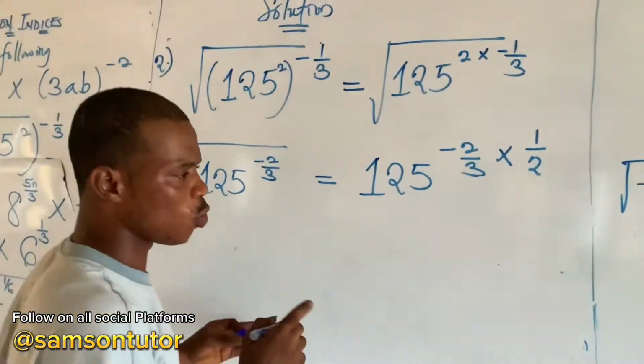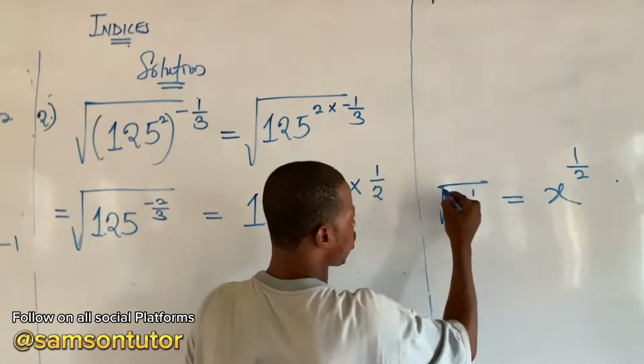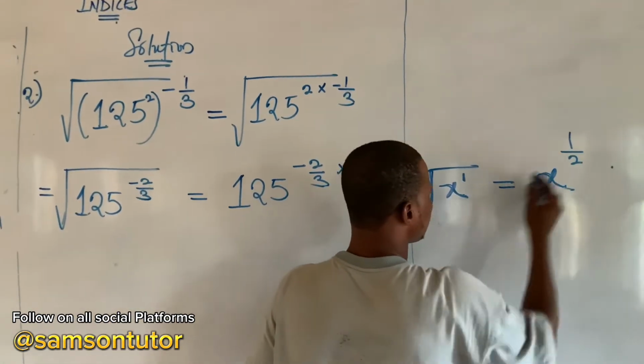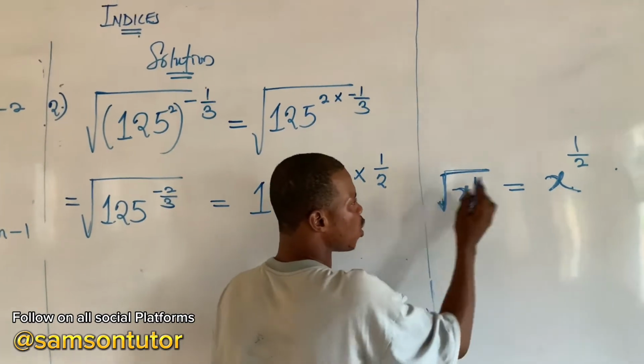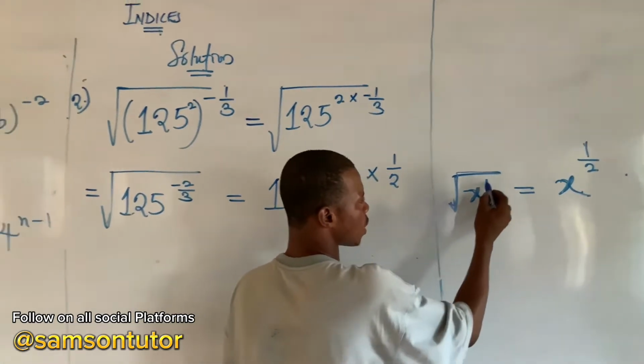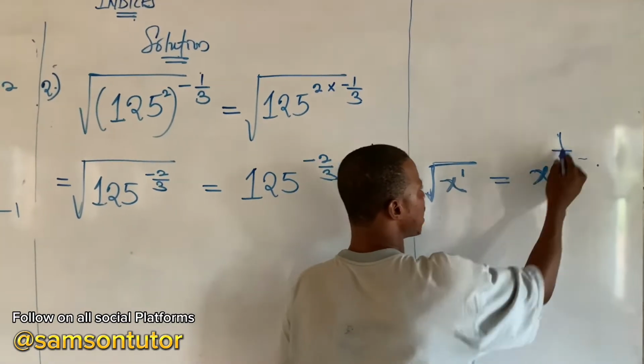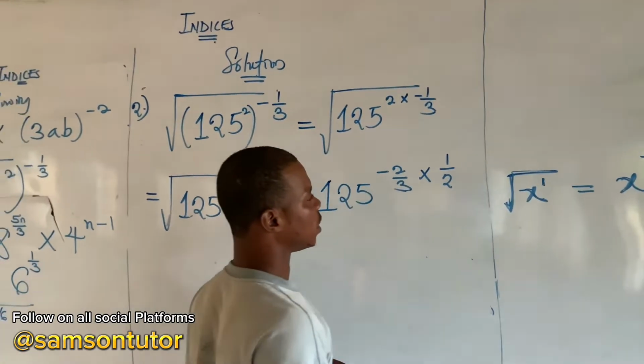I hope everybody is getting what I'm trying to say. Whenever we have the square root of x raised to power 1, it implies x raised to power 1 over 2. Because don't forget, the denominator will become a root, while the numerator will remain as the power. Do you get my point now?